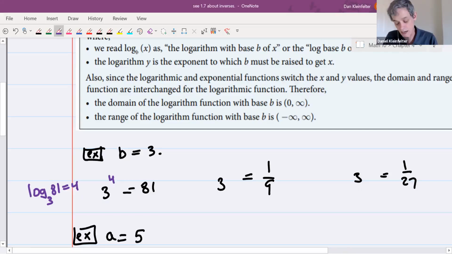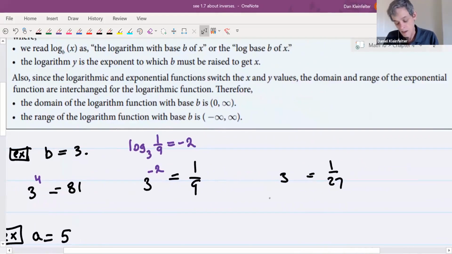Okay, let's try that again. 3 raised to some power is equal to 1/9. Well, I know that 3 squared is 9. How do you get it to be in the denominator? You make it a negative exponent, right? So that's -2. 3 raised to the -2 power is 1/9. So the base 3 logarithm of 1/9 equals -2. Next, 3 raised to some power is 1/27.